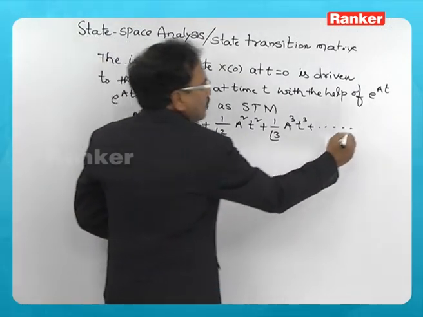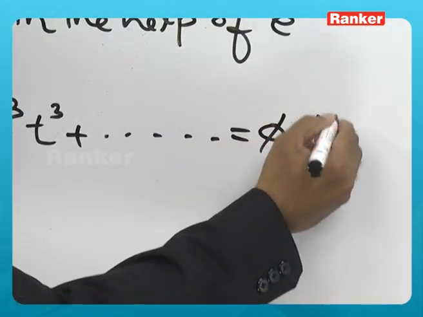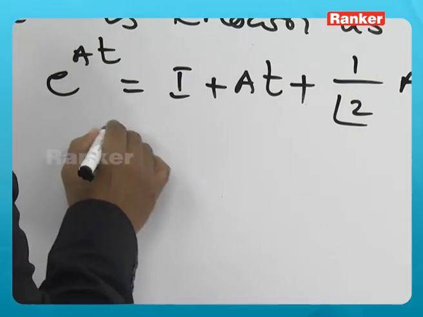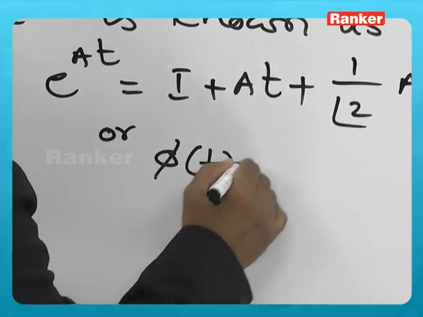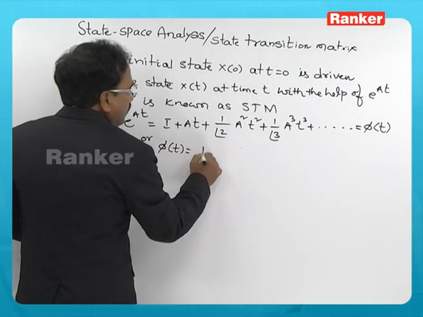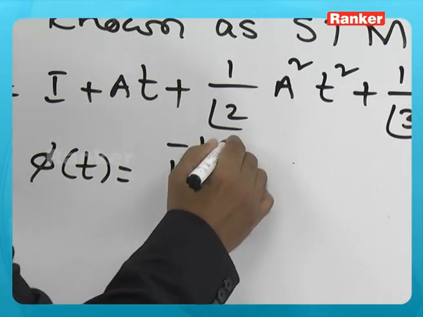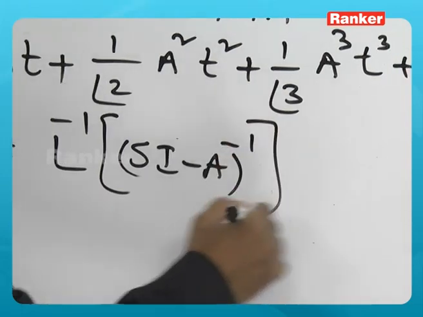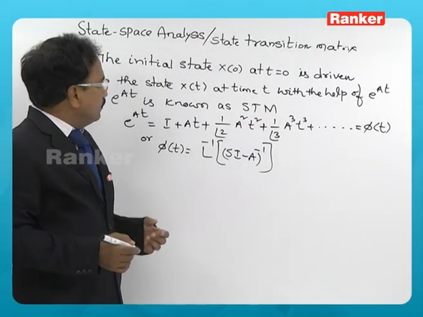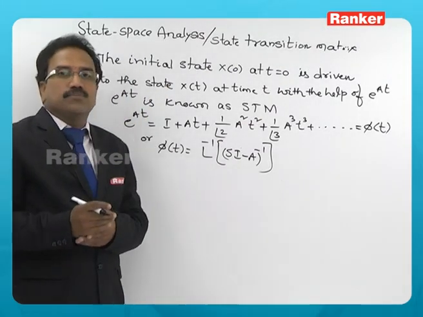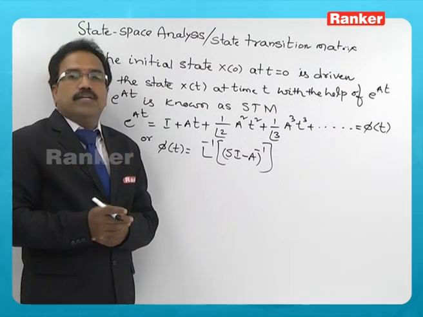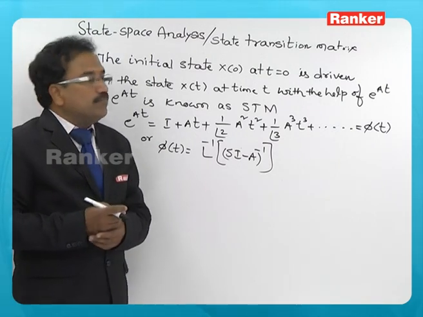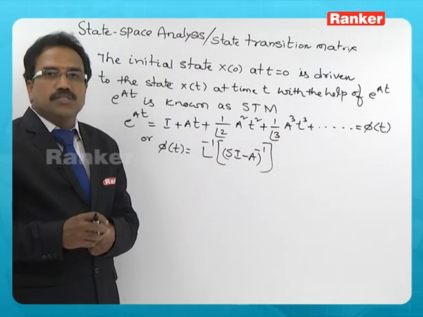This is also designated by phi of t, and this state transition matrix can also be expressed in the form of Laplace inverse of sI minus A inverse. So, with the help of this matrix, the state of the system from x of 0 at t equal to 0 will be transformed to x of t at time t. This is known as state transition matrix.